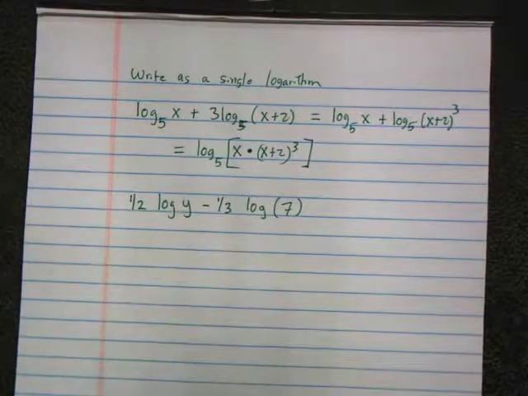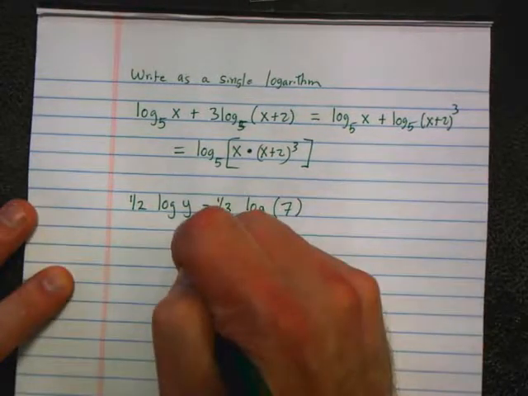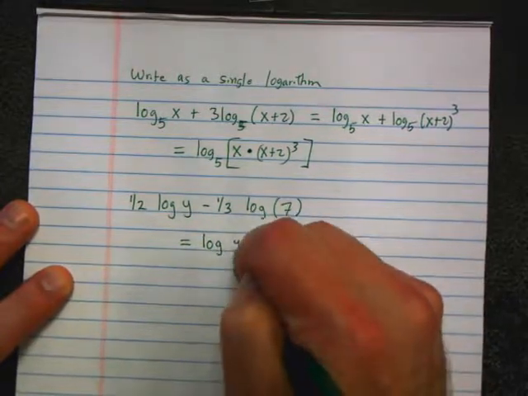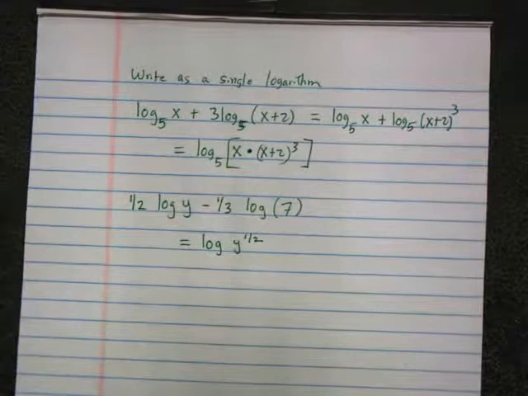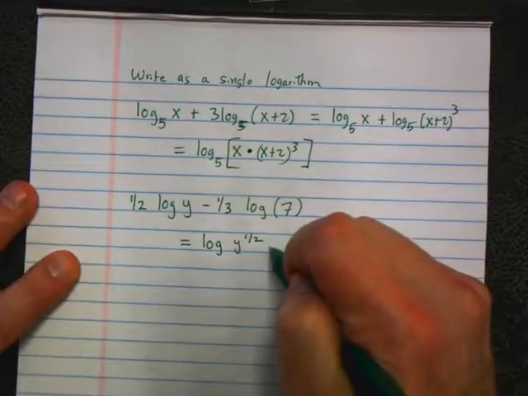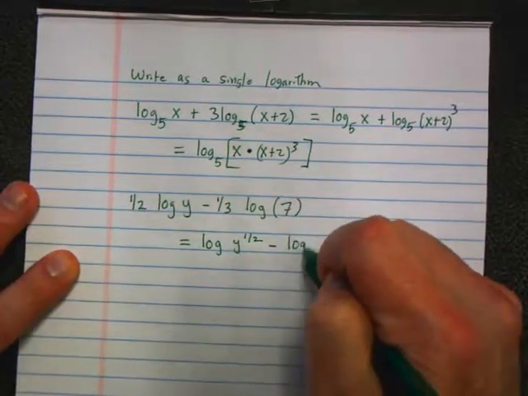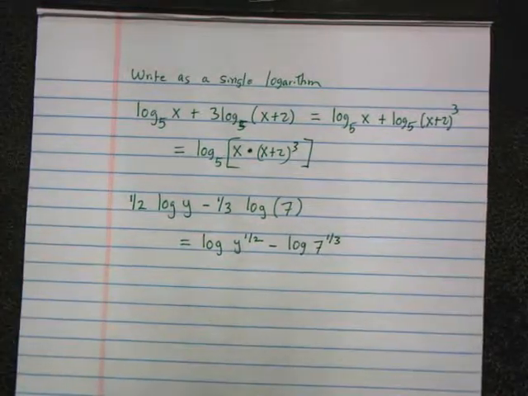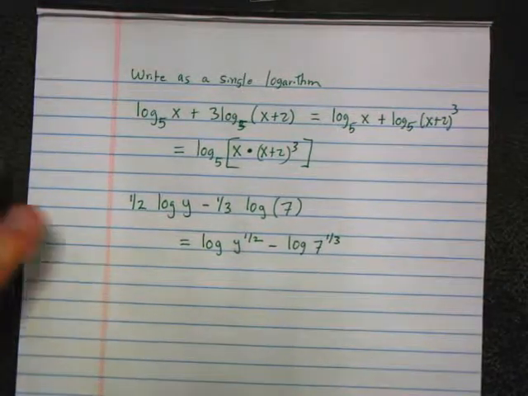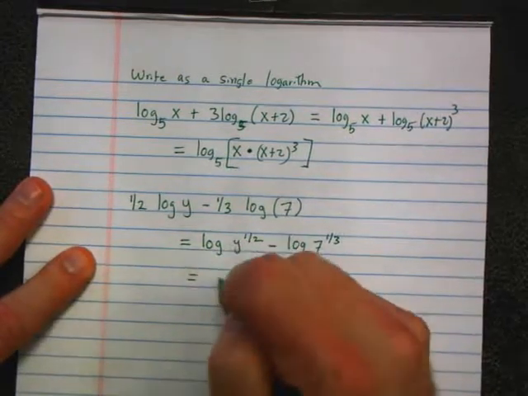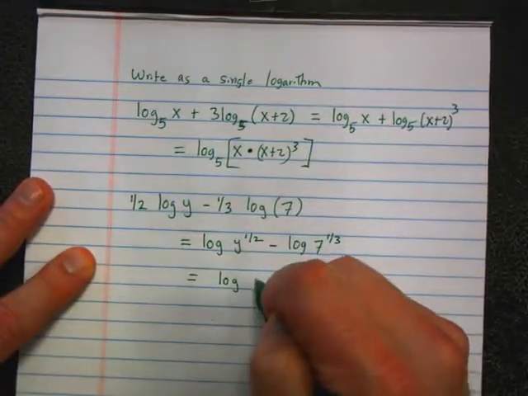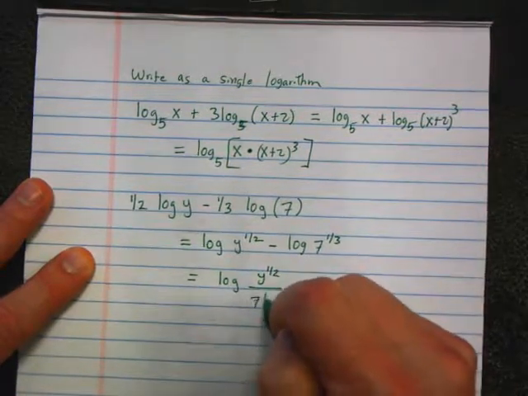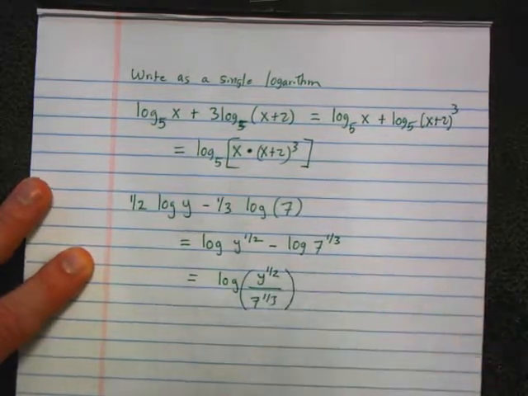All right, so again, what I would do is I would do this in a couple steps. First off, that number out front goes in as a power, and that one goes in as a power, and then logs take subtraction and turn it into division.